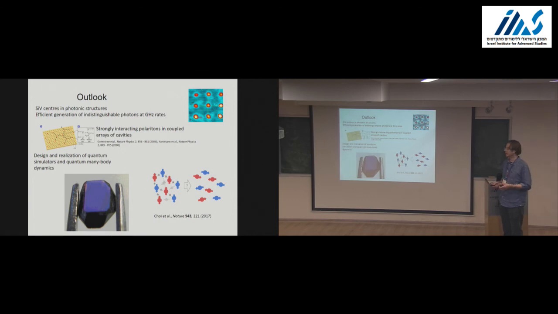and create a material where you have a very high density of color centers. It can be NV centers or silicon-vacancy centers. This is a picture of diamonds grown in Tsukuba in Japan, where you have a very high concentration of color centers, on the order of 50 parts per million.